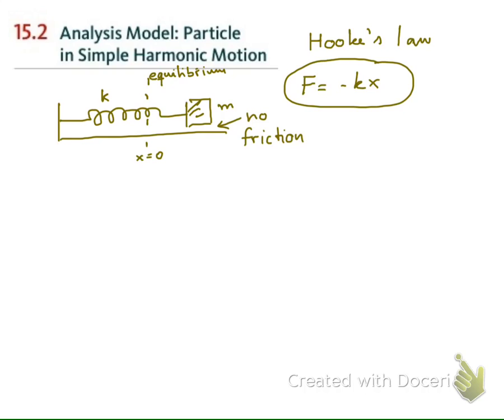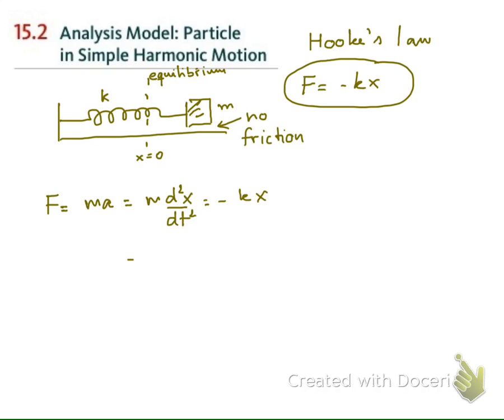So we can then use Newton's second law: F equals ma equals m d squared x by dt squared, which is equal to minus kx.